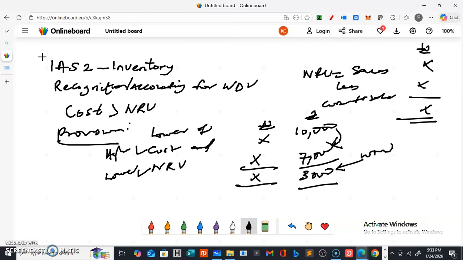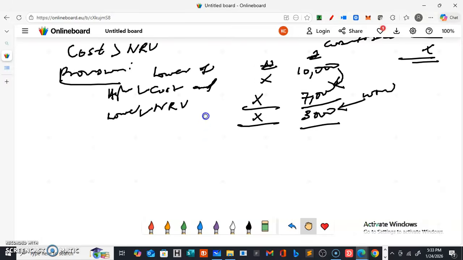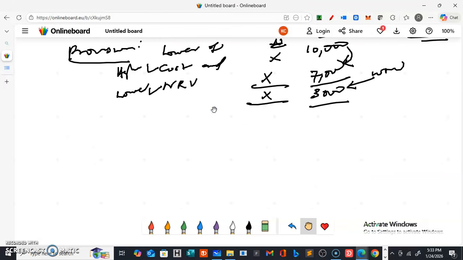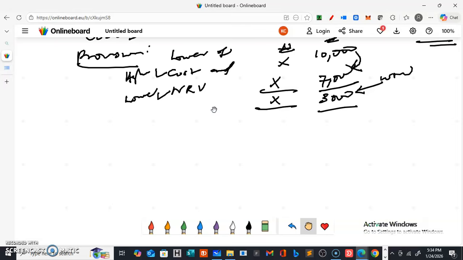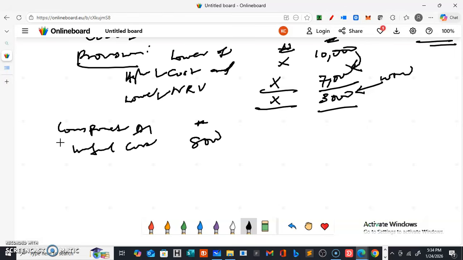Now, when you go to your ICAN pack, there is a particular illustration made on ICAN pack about a component A1, if I still remember that question. We're told that component A1 has an initial cost of 8,000 and the net realizable value is 7,300.